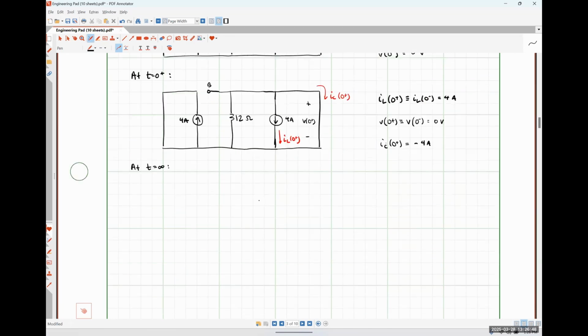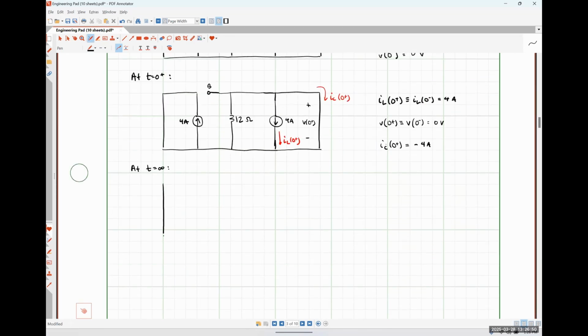So at t equals infinity, our current source would be closed at terminal A. So here's our 4 amp source. B is open circuited. Here's my 12 ohm resistor.